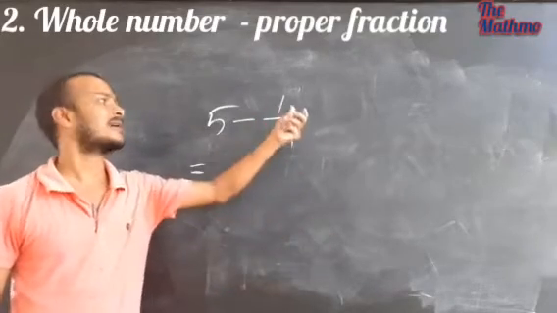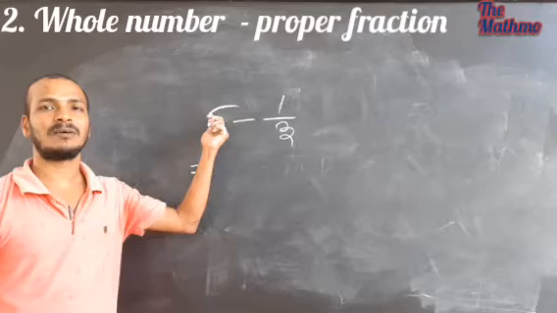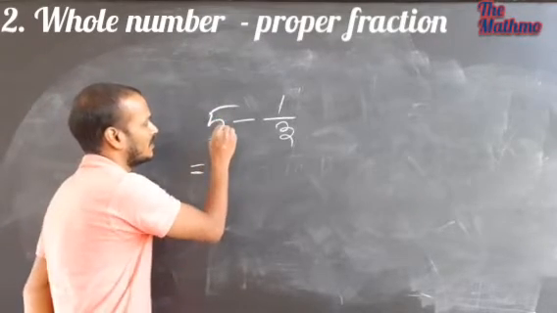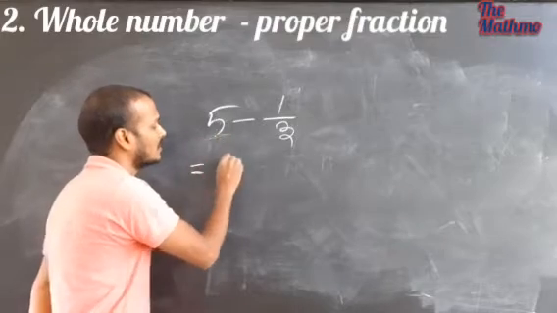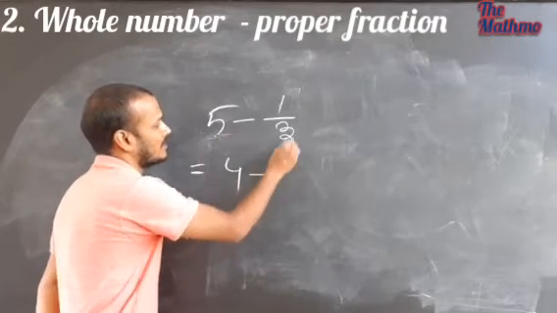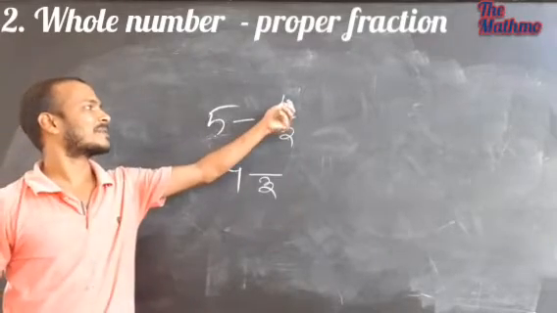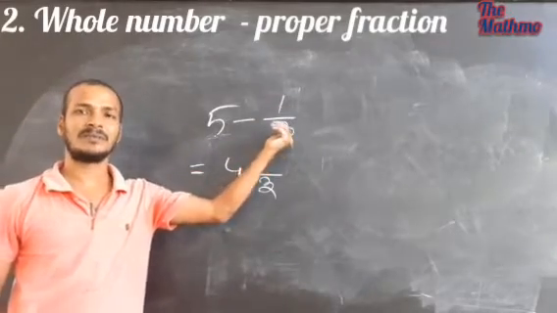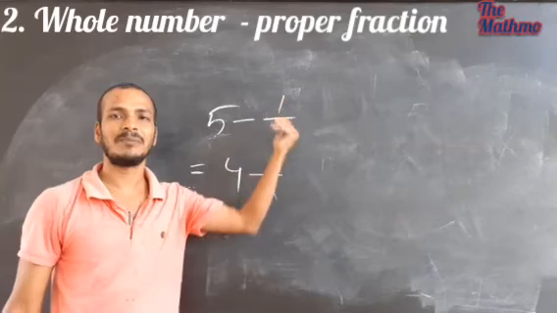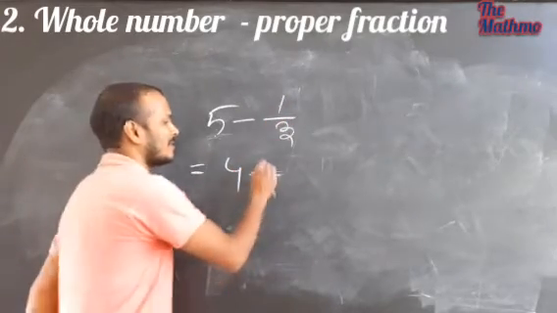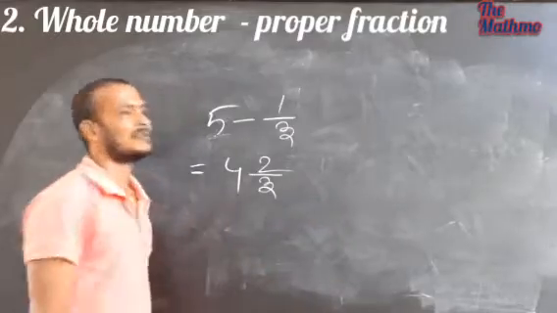When you are subtracting a proper fraction from a whole number, you just subtract 1 from the whole number, keep the denominator the same, and subtract the numerator from the denominator. So here it is 3, 1 upon 3. If you subtract 1 from 3, there will be 2.